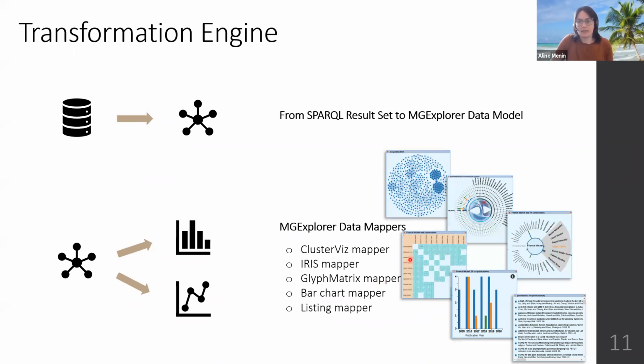Similarly, the glyph matrix gives us this pairwise relationship between the items described by the attributes such as type of publications and amount. We have the bar chart that gives us the distribution of items over a certain attribute. And for now, we are working with the temporal distribution of this information, and we have the listing that gives us the list of items, or in this case, the list of publications that were used to create this visualization.